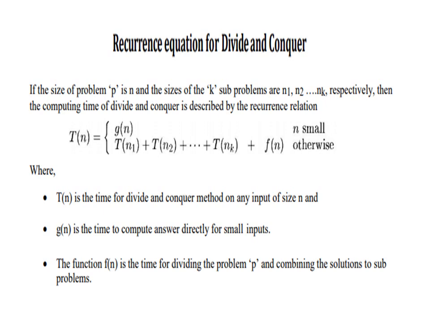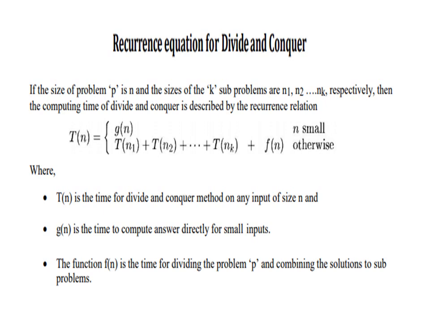That is, if we have the problem of size n and we are dividing this problem of size n into 4 subproblems, and then each of the subproblems we will solve, and each subproblem will give a solution, and finally we need to combine all the solutions.